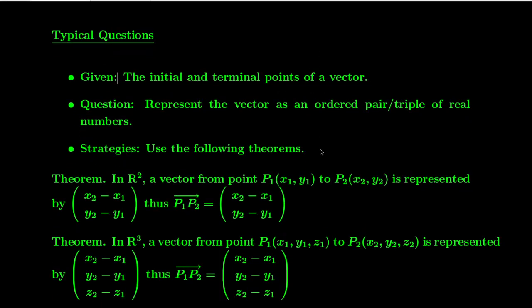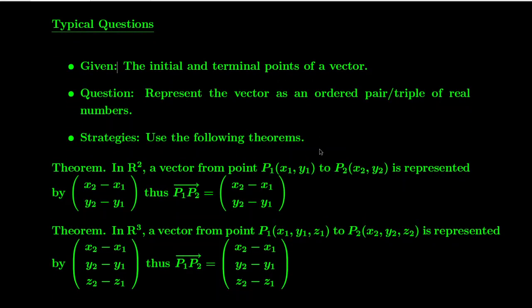Before we do the handout questions, I want to tell you a conclusion. Now look at the theorem on the screen. It shows that if you know the initial point and the terminal point, then you can represent the vector using two components.